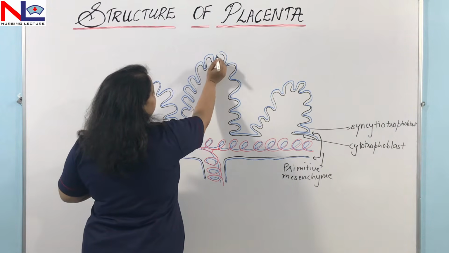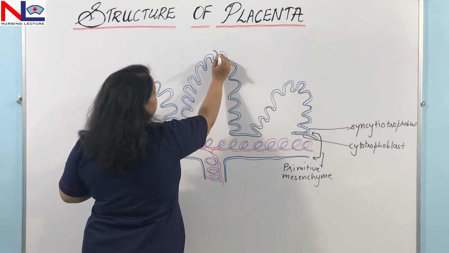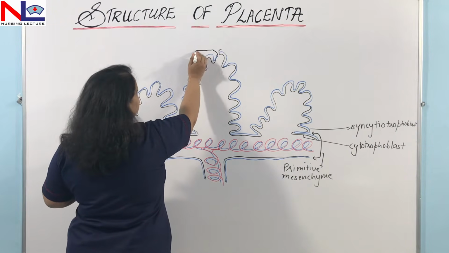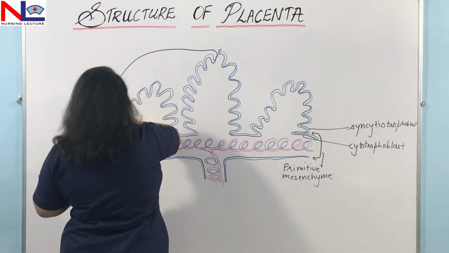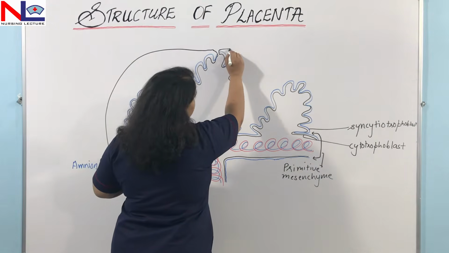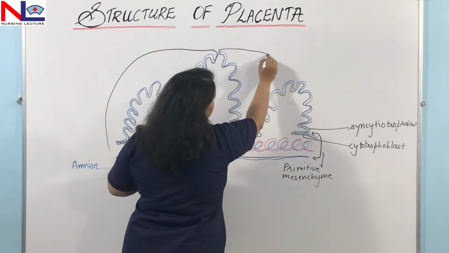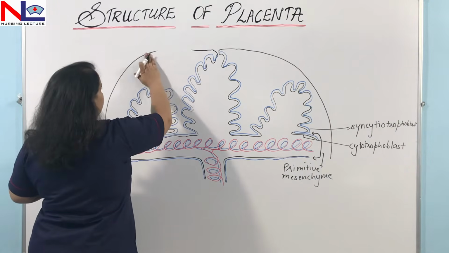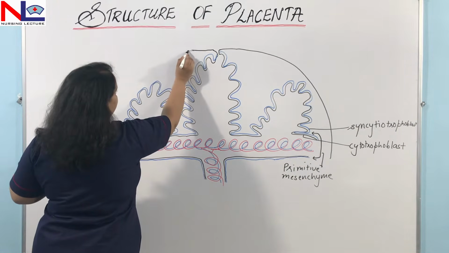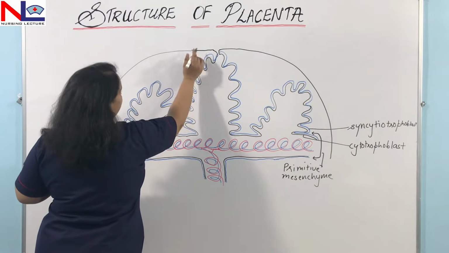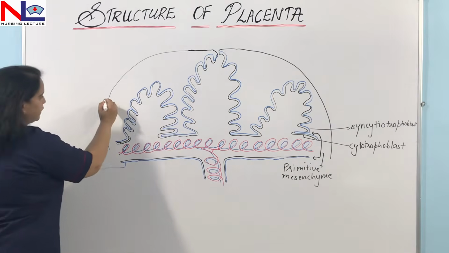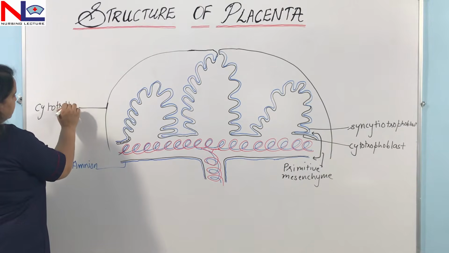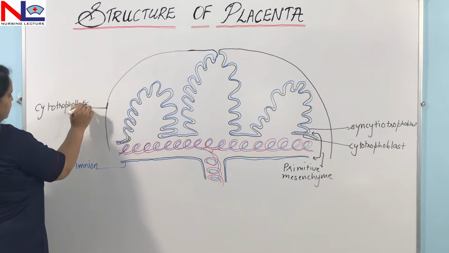Now what is happening? Some of the cytotrophoblastic cells penetrate the syncytiotrophoblastic cells and arrange transversely like this over the syncytiotrophoblastic layer, and it forms the cytotrophoblast shell.